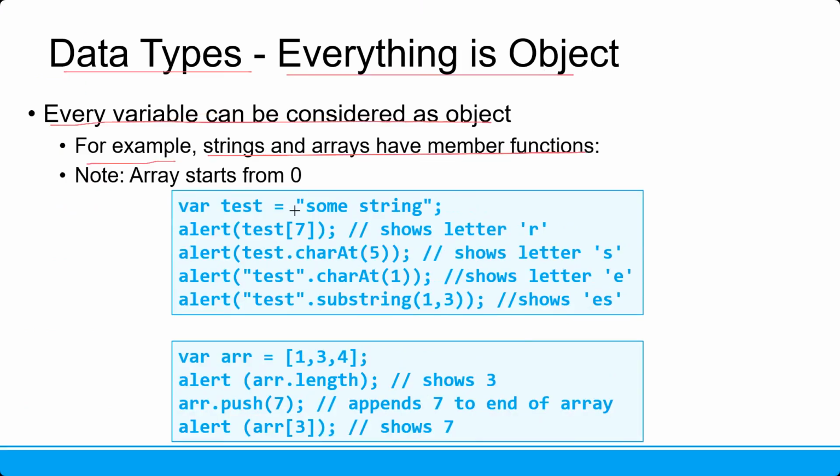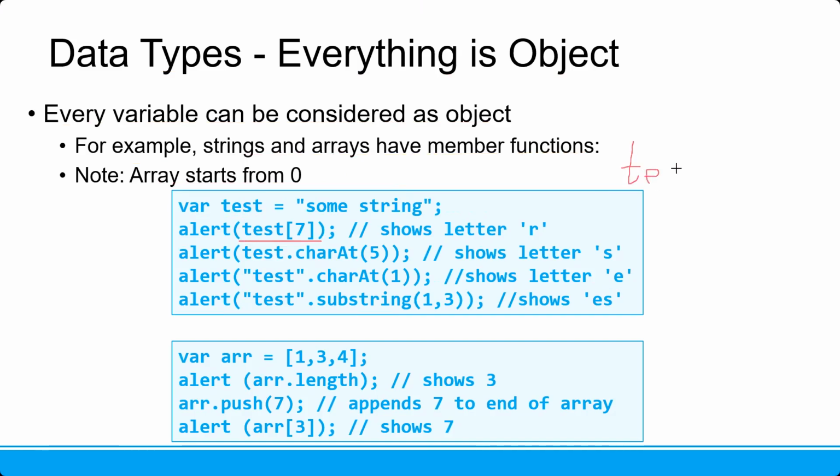So let's say we have a string, this one, and this string will be in the variable test. So this string can have array members. The array in JavaScript starts from 0.